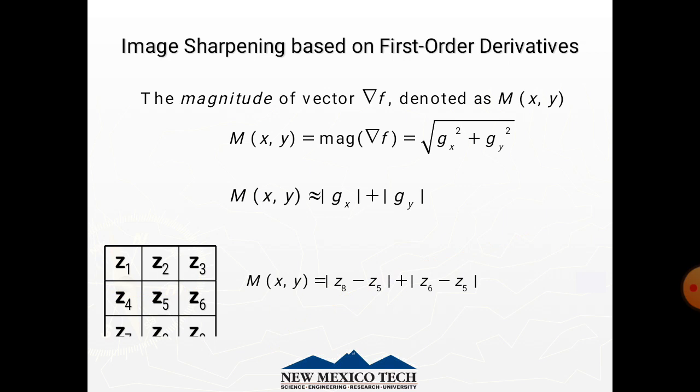Two other definitions proposed by Roberts in the early development of digital image processing use cross differences. If we use these equations, gx equals z9 minus z5 and gy equals z8 minus z6.